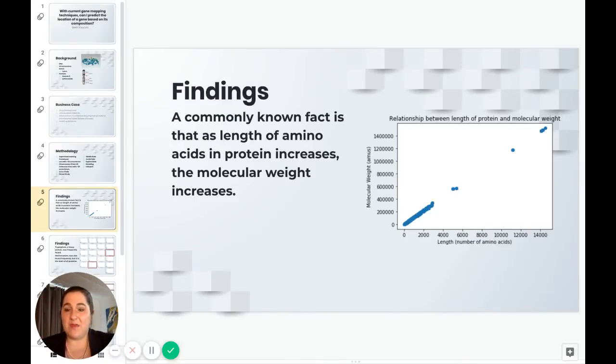And the big thing that drove me to think that this might be possible is that there's a relationship between protein and molecular weight. The visual that you're seeing is from the data that I personally used. This is a commonly known fact that as the length of amino acids increases, so does the weight of that particular protein.